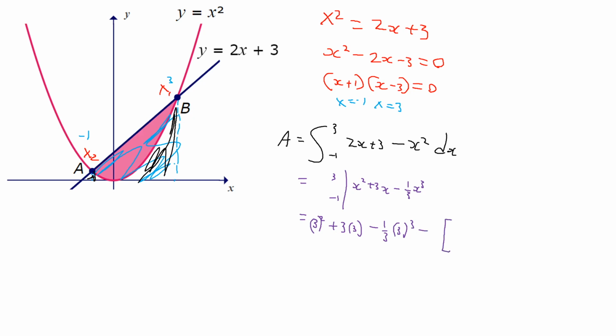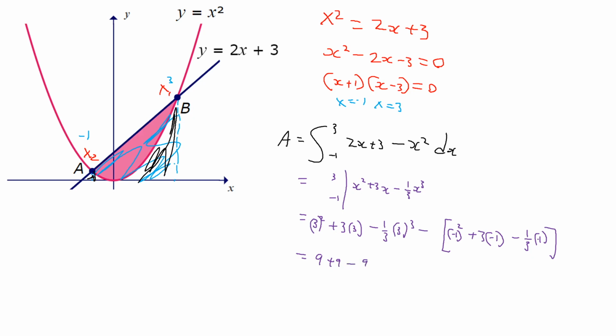And then we're minusing, excuse me, minus 1 squared plus 3 times minus 1, and we're minusing a third times minus 1 cubed as well. Okay? So that's just going to be 9 plus 9 minus 9.